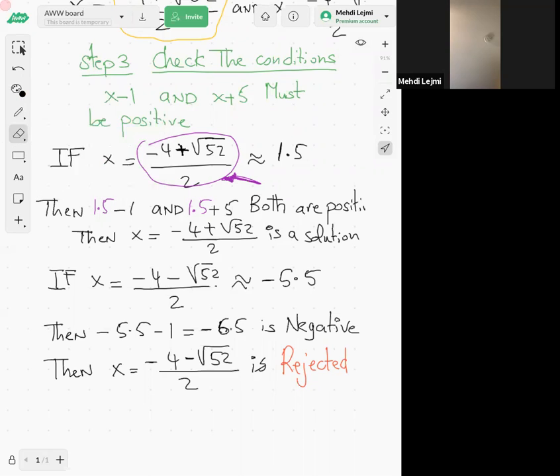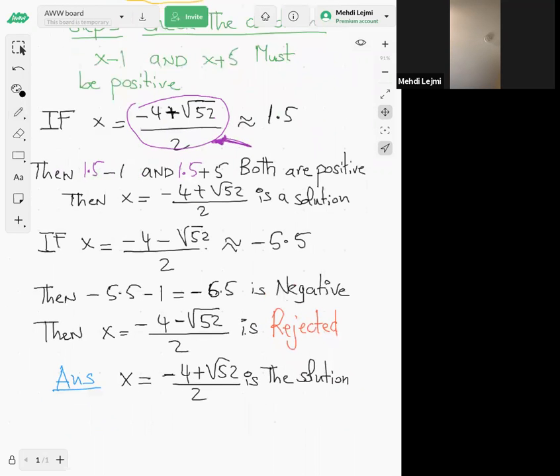So for the final answer, we would have only one solution. The only solution is x equal to negative 4 plus the square root of 52 over 2. That's the only solution of our problem.